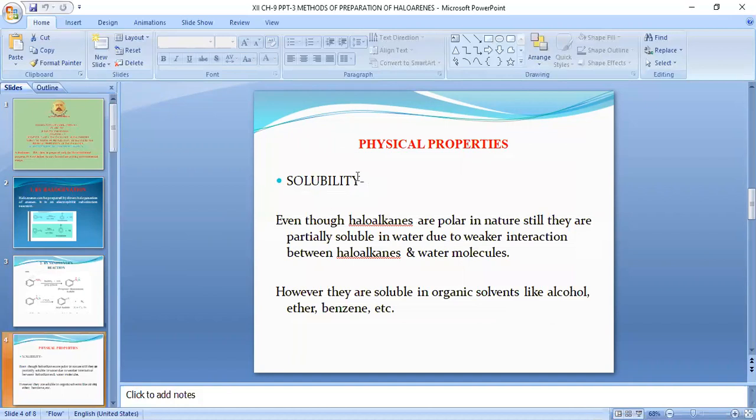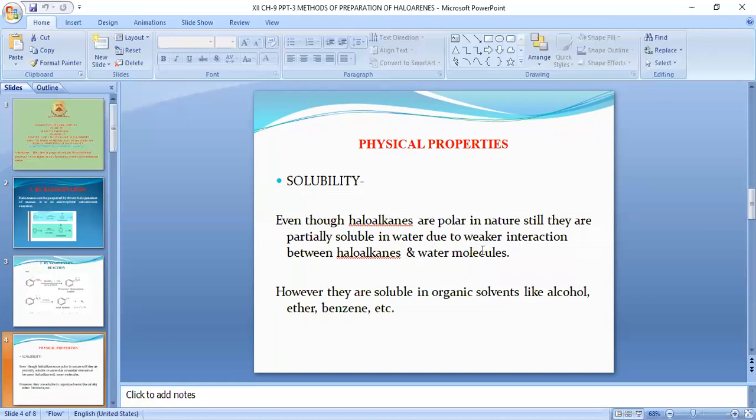In physical properties, the first point is solubility. We know that haloalkanes are polar in nature, so we expect haloalkanes to be soluble in water. But even though haloalkanes are polar in nature, still they are partially soluble in water due to weaker interaction between the haloalkane molecules and water molecules.